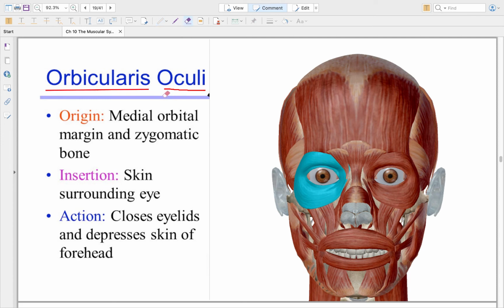And orbicularis is in reference to the orbit, and really, it just means circular. Orbit, circular, circle, and oculi means eye. Okay, so if you want to note that, that'd be good because you'll see orbicularis other places. Oculi means eye.